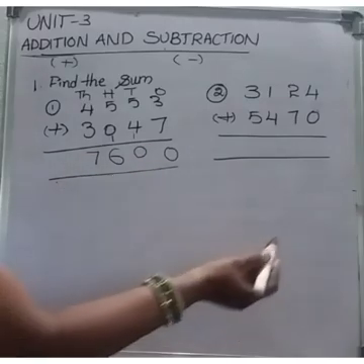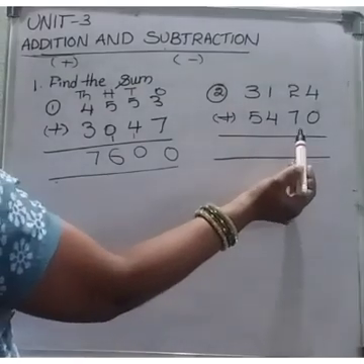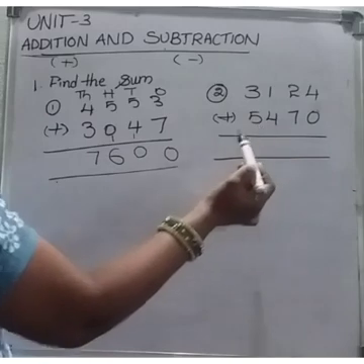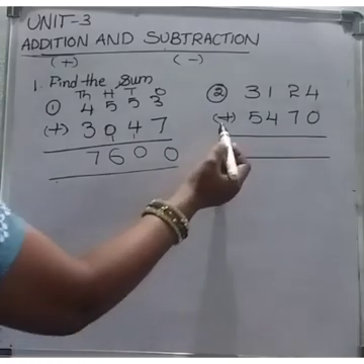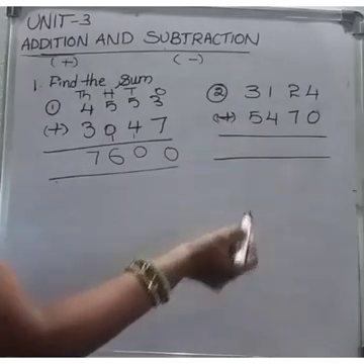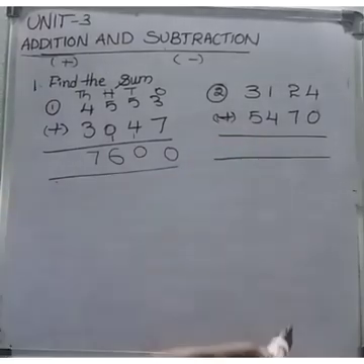The sum is 7600. Second one. Here also these are 4-digit numbers. So here also addition is there. What do we do here? Addition.